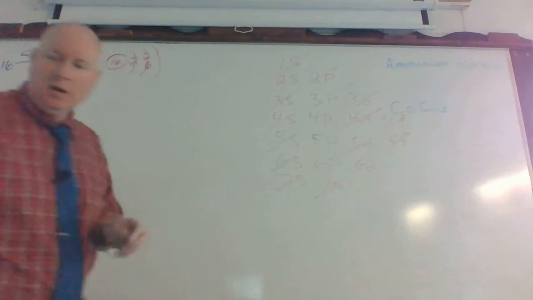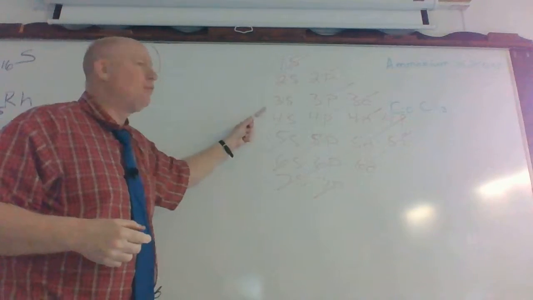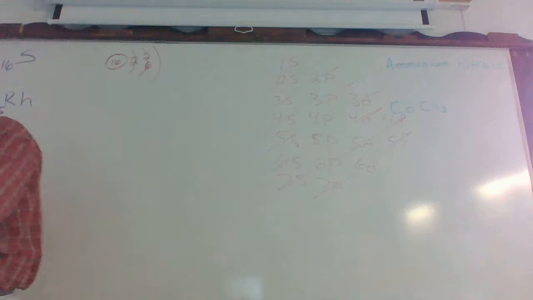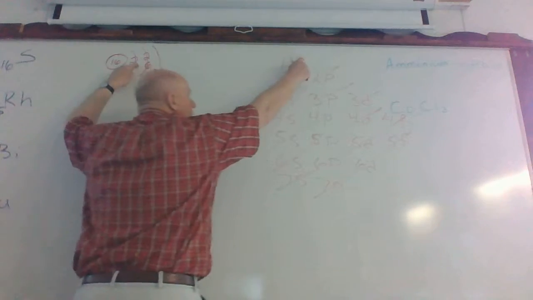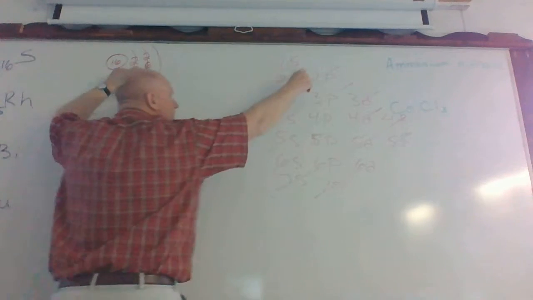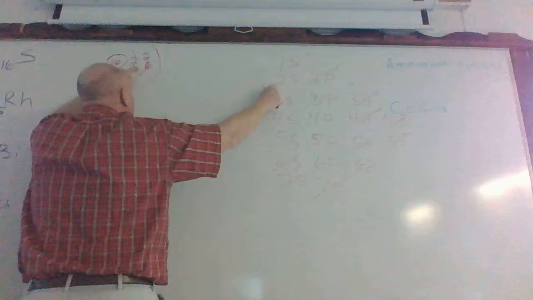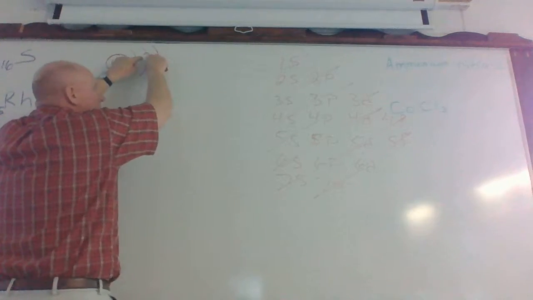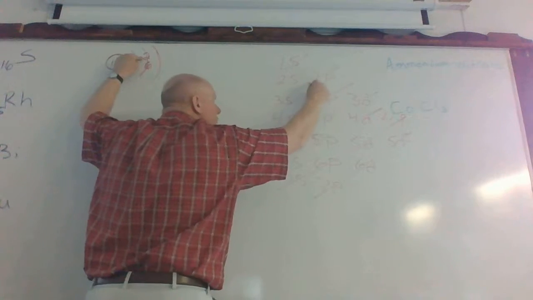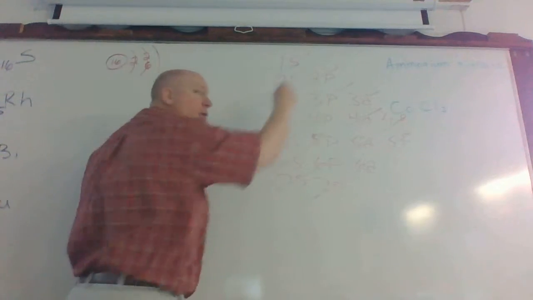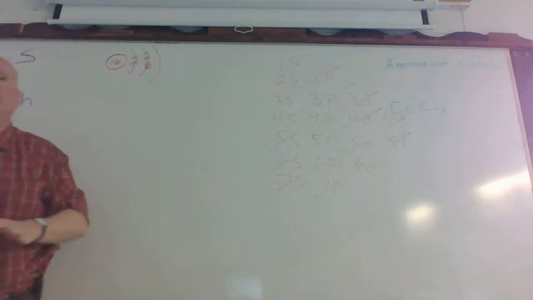All right, so what's the importance of these big numbers? What are they telling you? Like for instance, we went 1s2, okay, and we went to the top of the next slide and went down. What's that telling you? Okay, that meant we need to go to the second energy level. Okay, so we went to the top of this slide. That's telling us we're not going to a new energy level yet, correct? And that's what the slide rule is telling you.